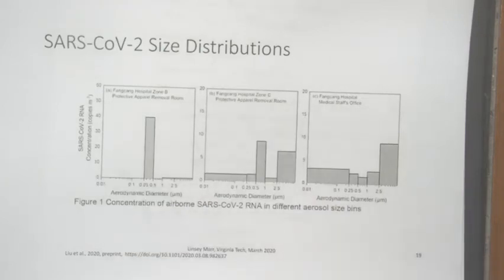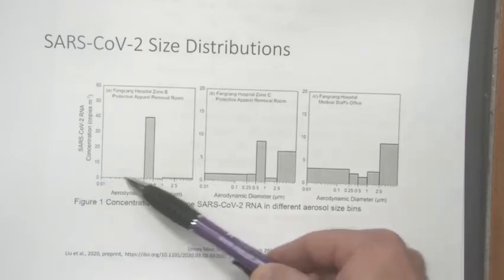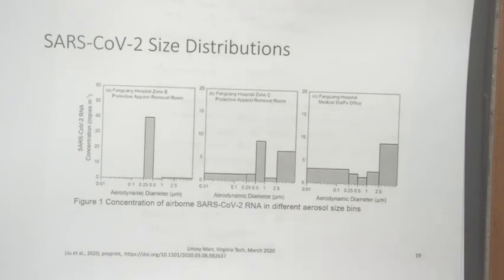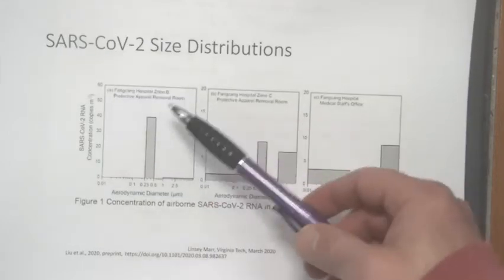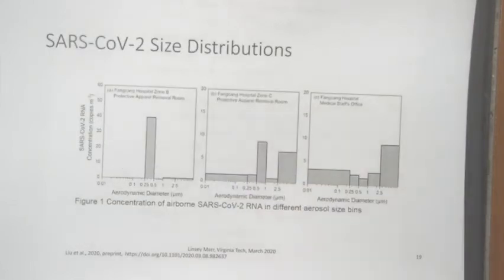The y-axis is RNA copies per cubic meter. So they've taken size resolved samples and then done probably PCR or something like that to determine how much SARS coronavirus RNA is present.